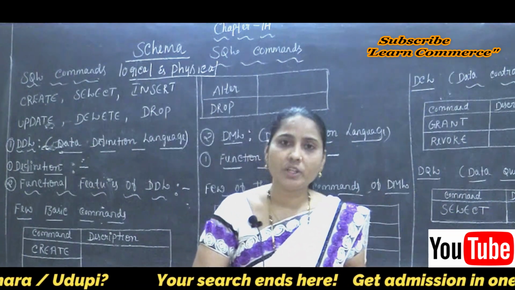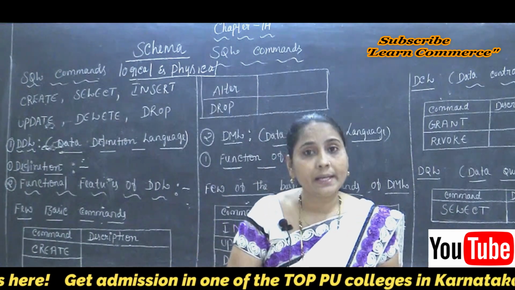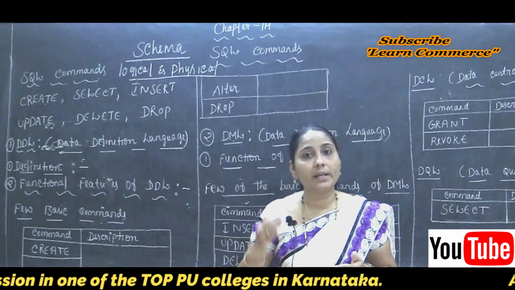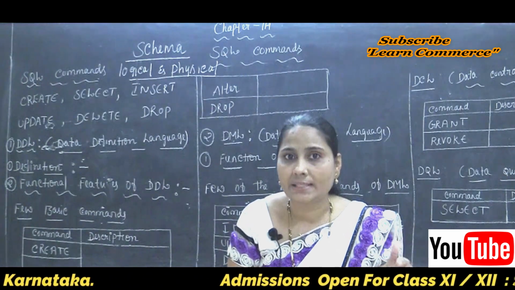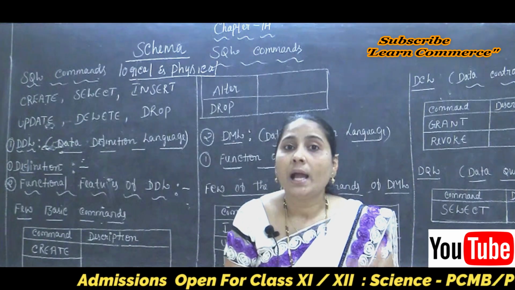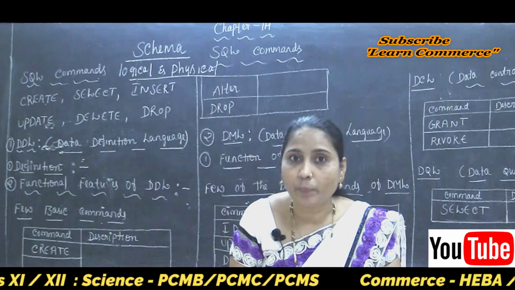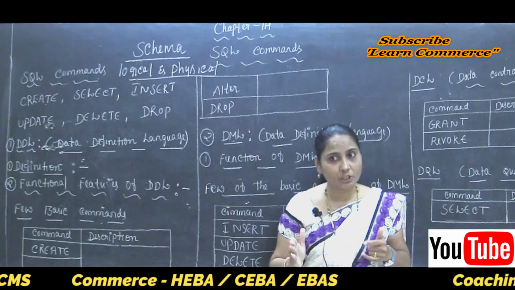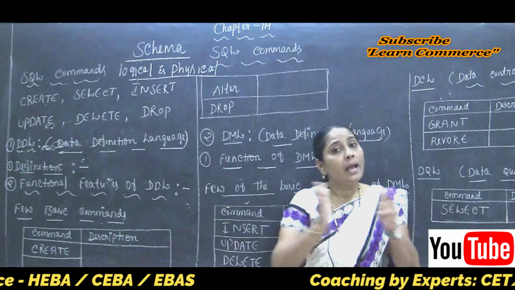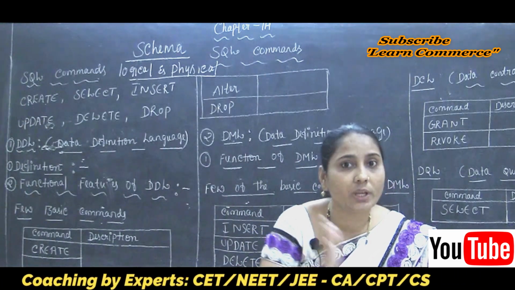And the third feature is that the DDL indicates the keys of the records. While creating the table we are using some keys, and what's the meaning of the keys and why are we using the key? The key is just to establish the relationship between tables, to establish the relationship from one column to another column. Clear this point here, the relationship from one column to another column.